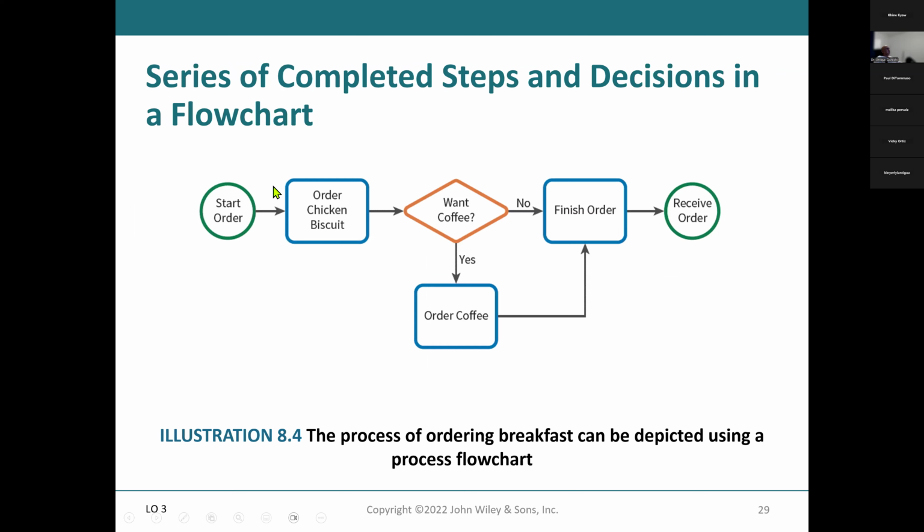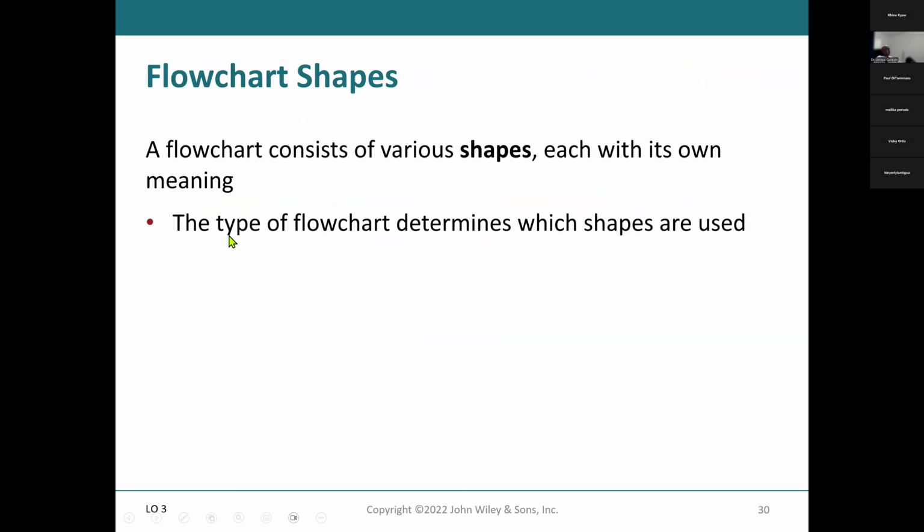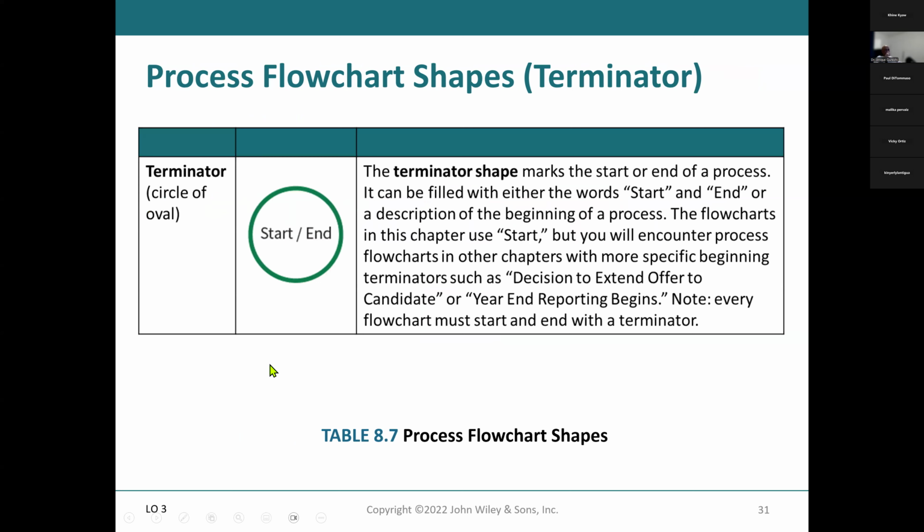Okay. So we did this already a little bit, but this is a typical example of a flowchart, and these symbols have specific meaning, and you should be familiar with the meanings for the basic flowchart symbols. So that's what we're going to talk about next. Flowchart shapes.